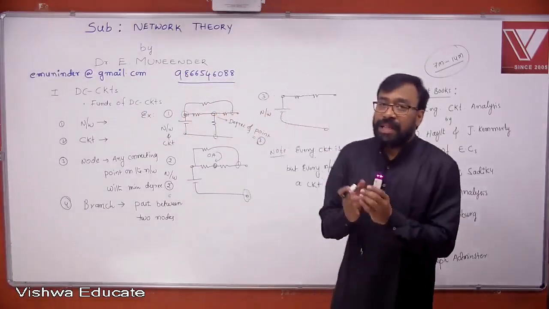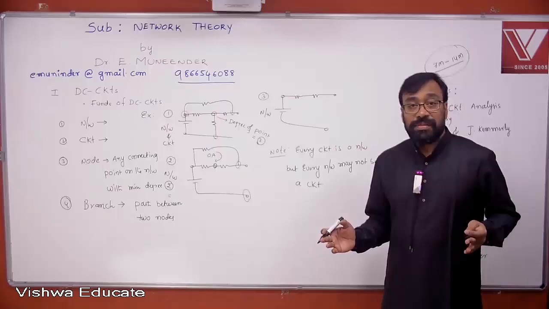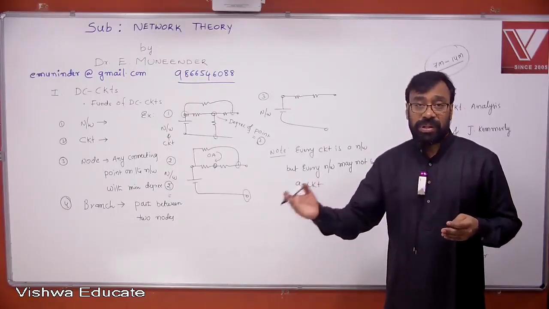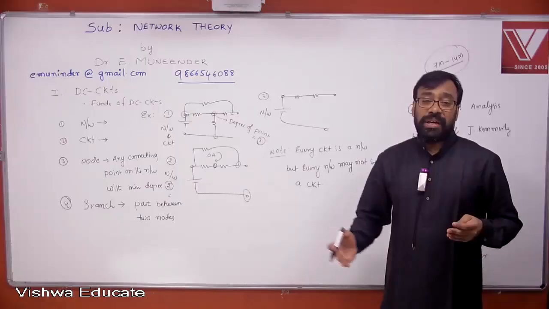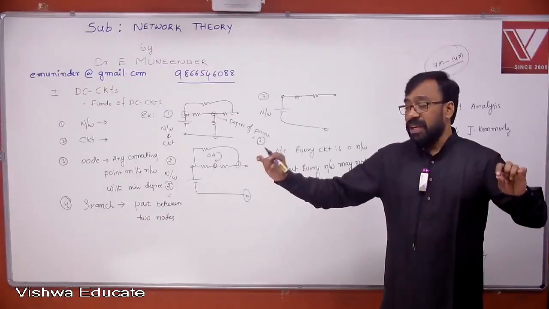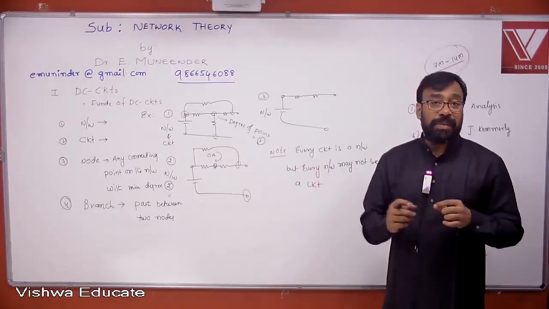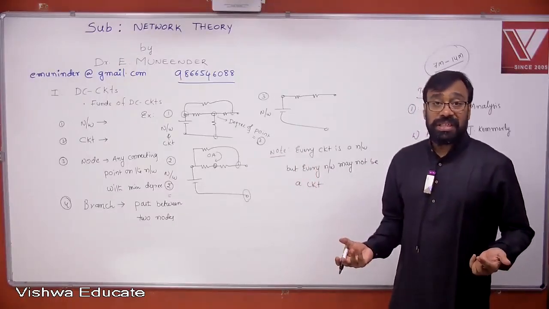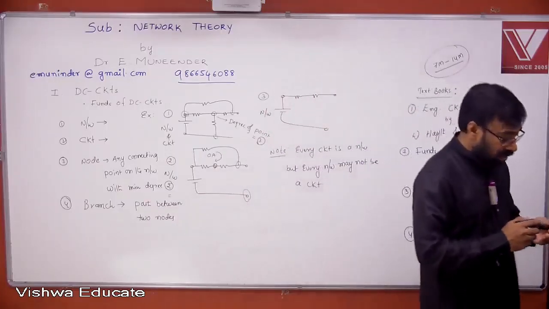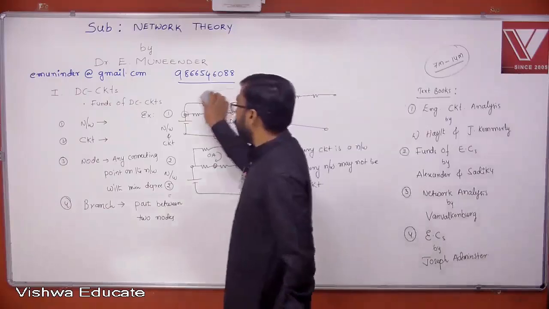But the path may have one element or two elements or n number of elements. Doesn't matter. All elements might be connected in series. Then that can be treated as a path. Any path connected between two nodes, you can treat as a branch. Yes or no? Okay, so I think you have written this. A branch is nothing but a path between two nodes. Please note down.